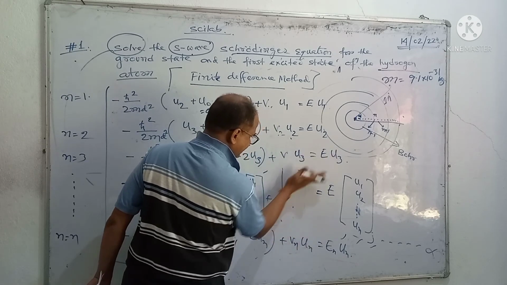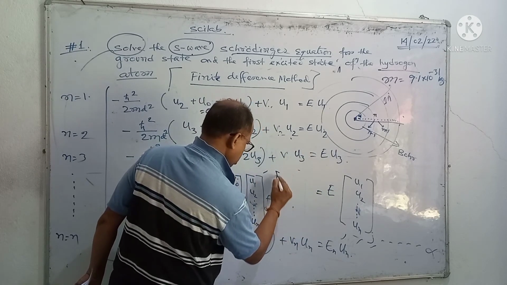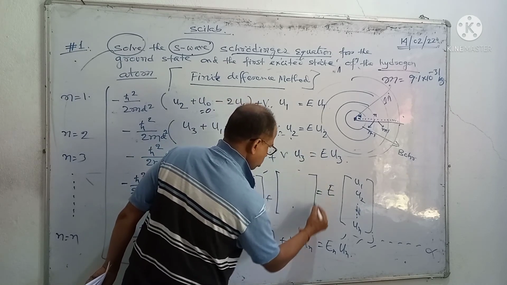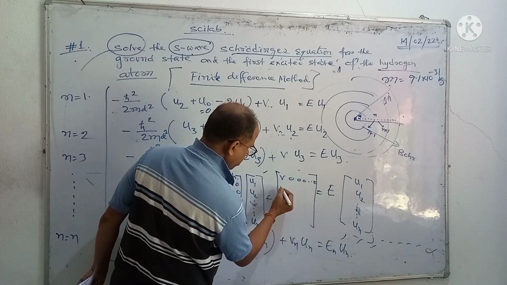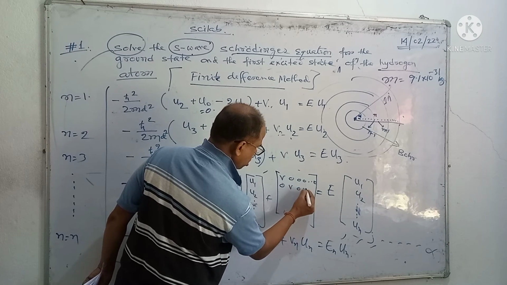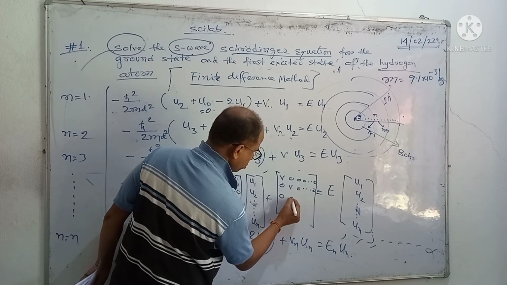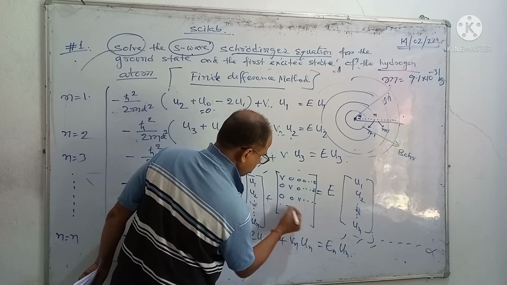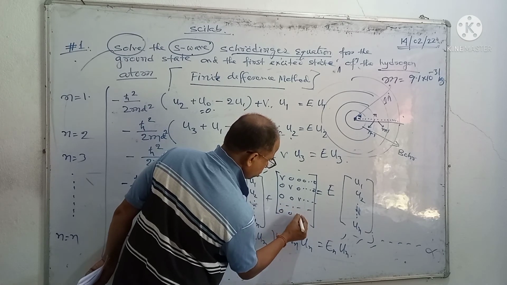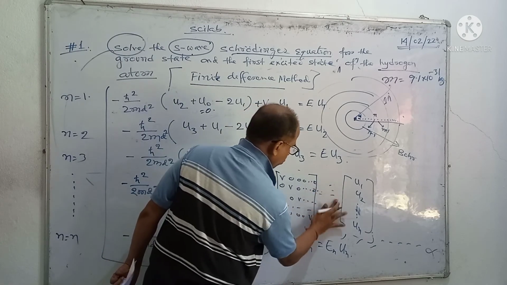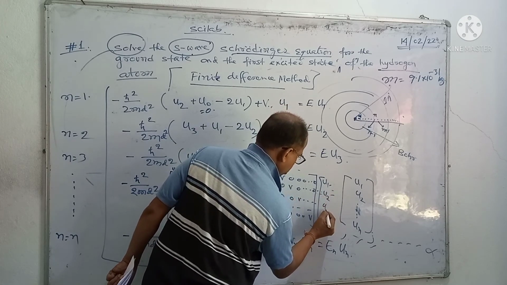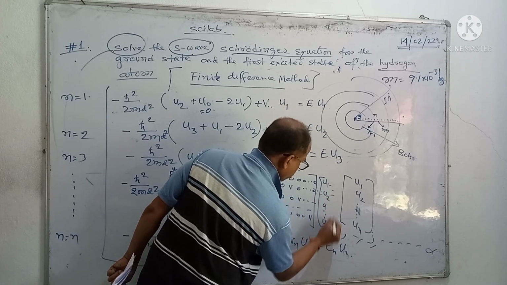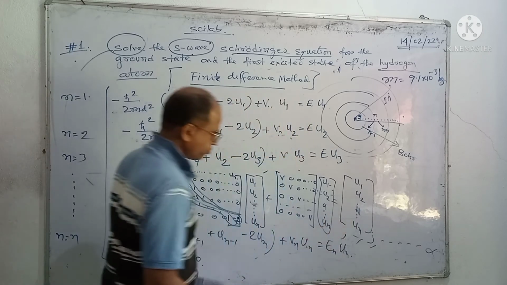This can be written as V 0 0 0 dot dot dot 0 0 V 0 0 0 V 0 0 0 0 V into U1 U2 dot dot dot dot UN equal to this.